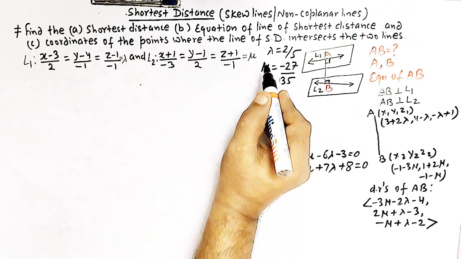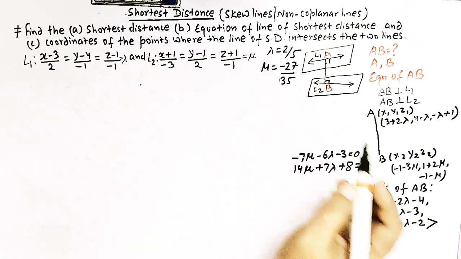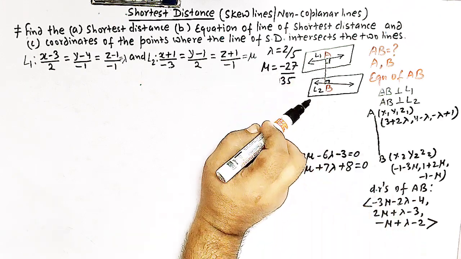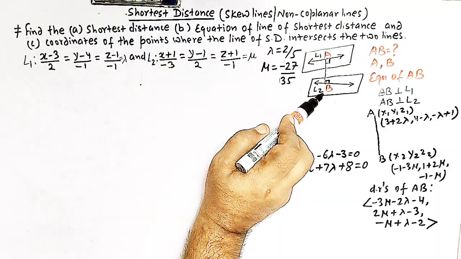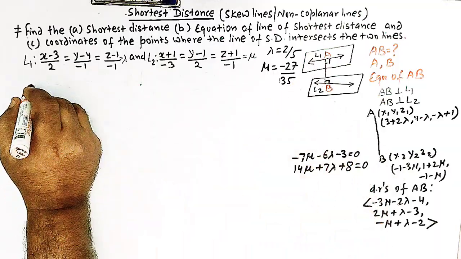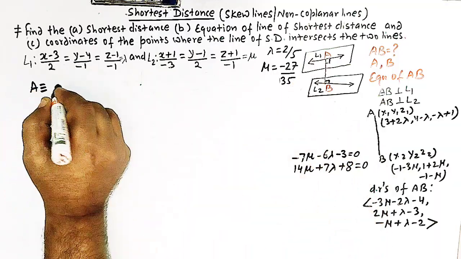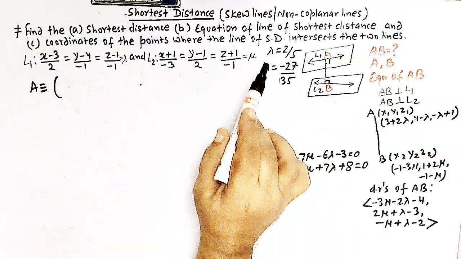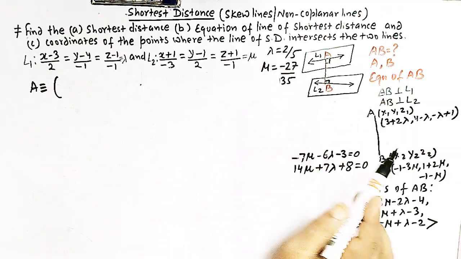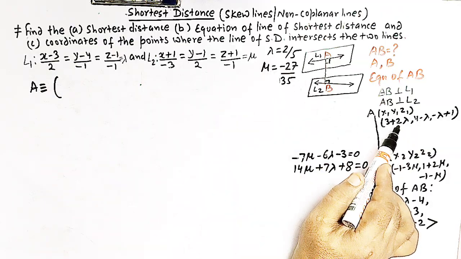So now using the values of lambda and mu, we can easily find out the coordinates of points A and B, right? The coordinates of point A can be obtained by taking lambda equal to 2 over 5 in this coordinate.